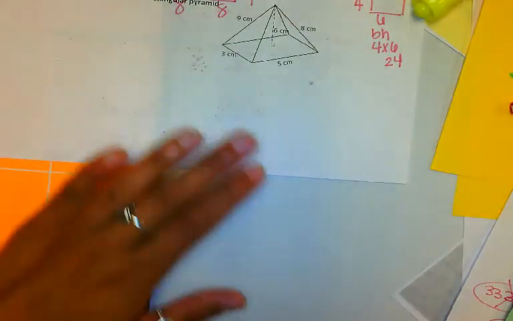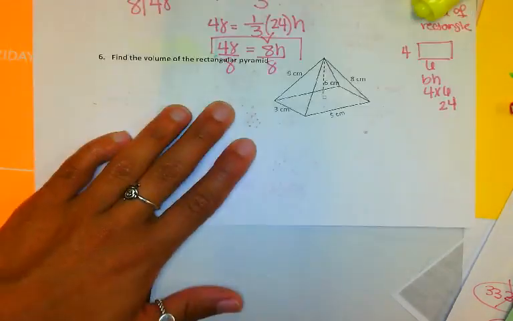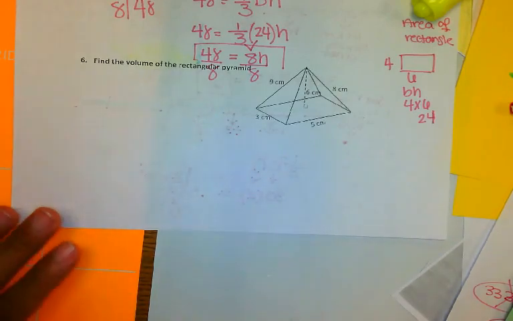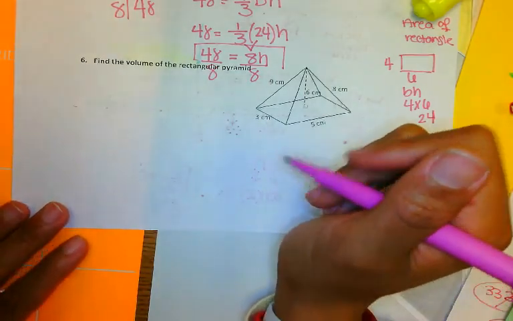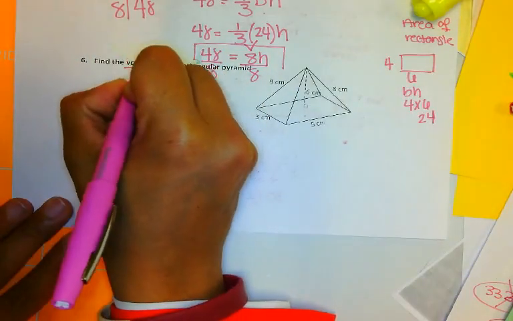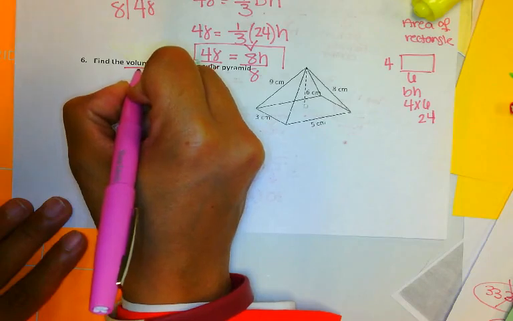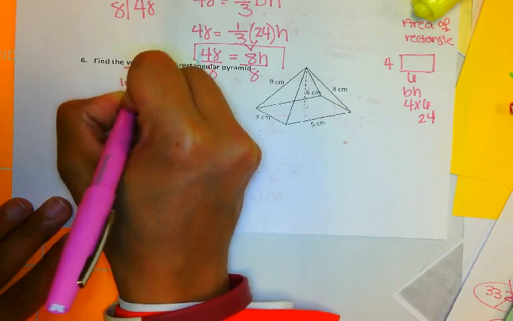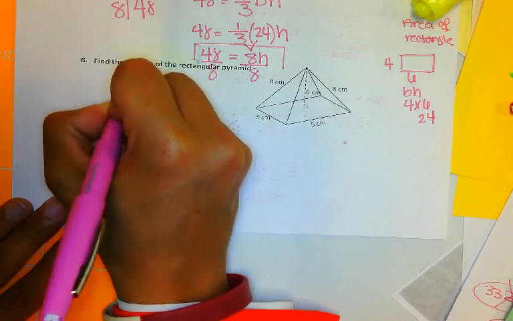And the last one, find the volume of the rectangular pyramid. So, keywords, go. All right, I hope you underlined and wrote the definition of the keywords. But we got find the volume. Volume tells me what? Where to look on the formula chart.